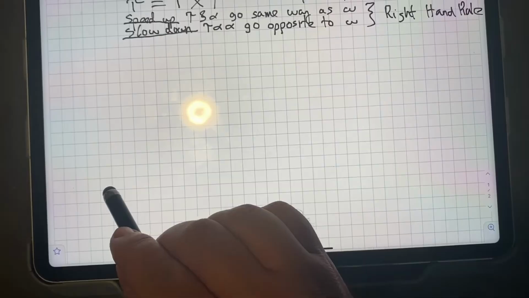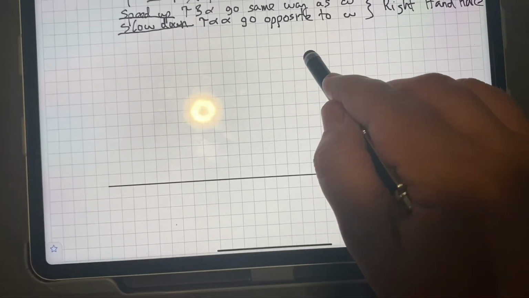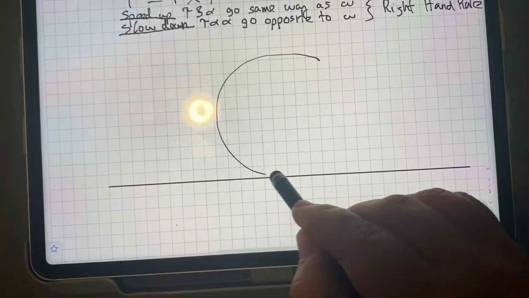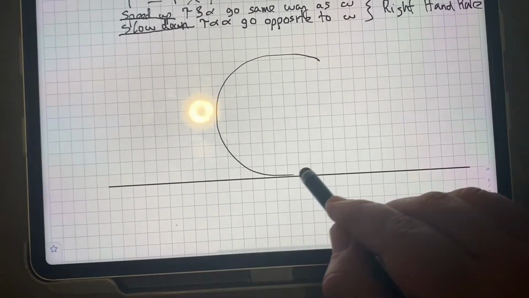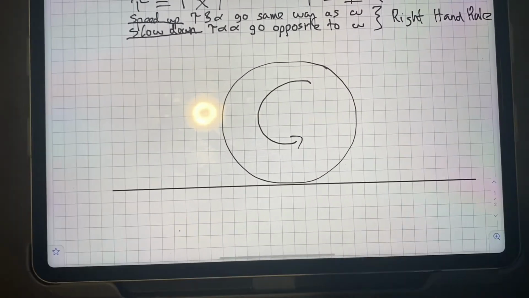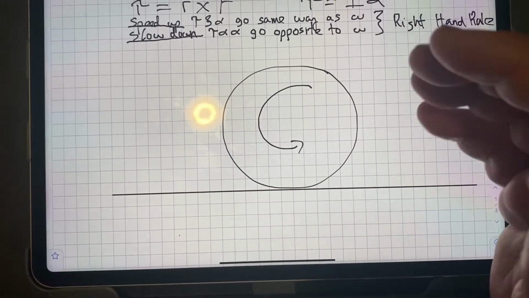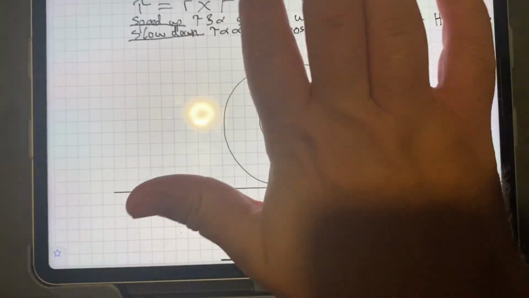Okay, so let's say you have a surface, and let's call this a big rolling object. Okay, and let's say it's rotating this way. Now what you do is you put your fingers, and this is called right hand rule for a reason, you have to use your right hand.